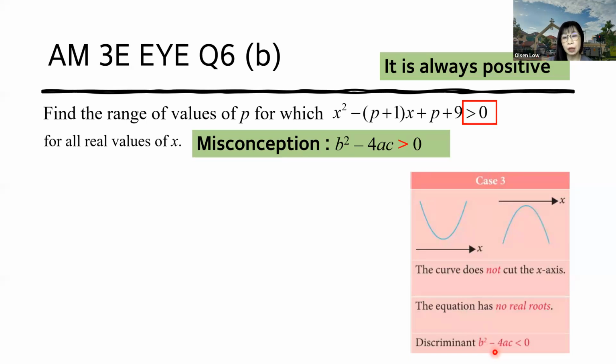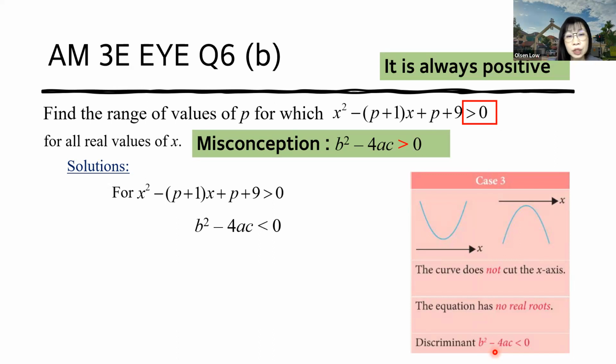Given this knowledge, we are going to apply it. Right now we know that the discriminant has to be less than 0. The other knowledge that you need is how to identify what is a, what is b, and what is c.